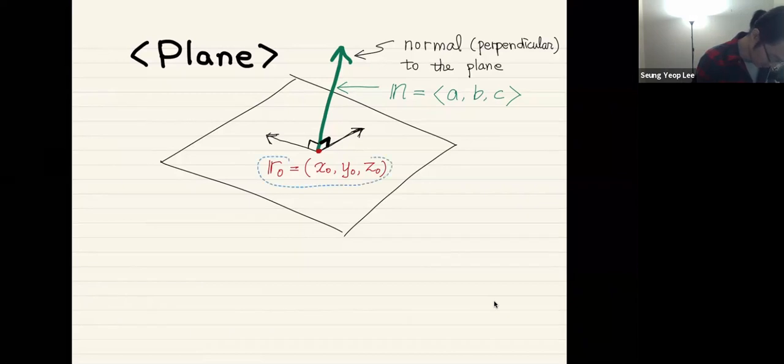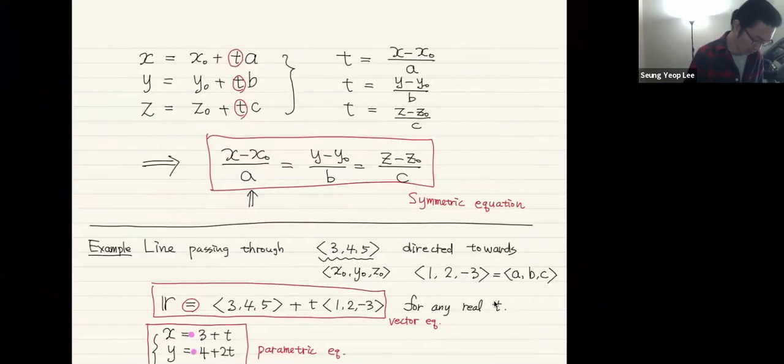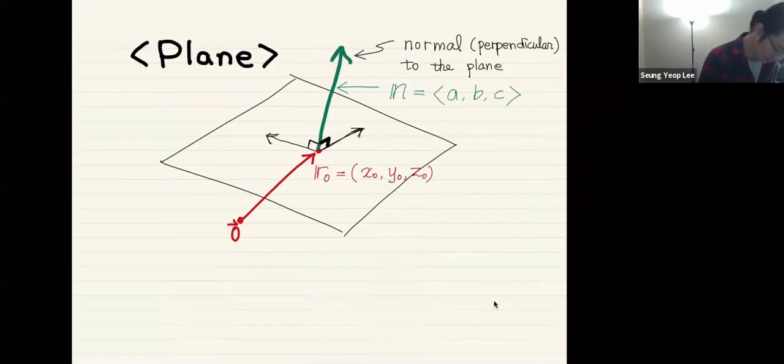So let me move this R0 here so that I can draw the vector. R0 is a vector from the origin to this point. Let's pick another point on the plane, like we did on the line. On the line, we wanted to describe an arbitrary point, this green point on the line. So here, let's also pick a green point on the plane.